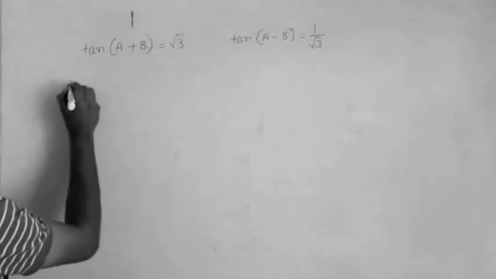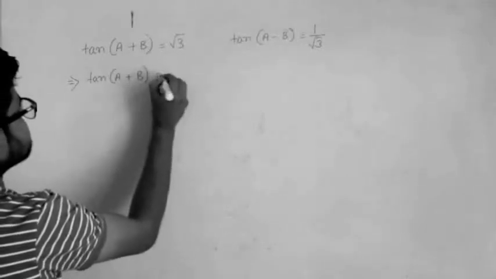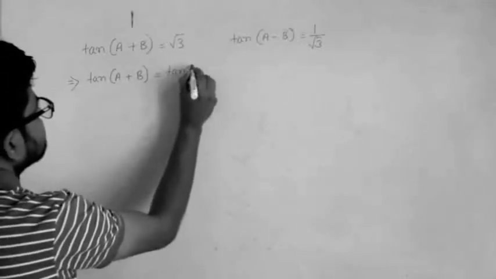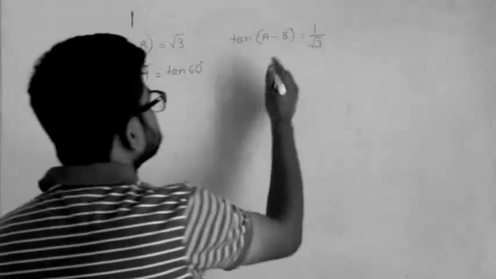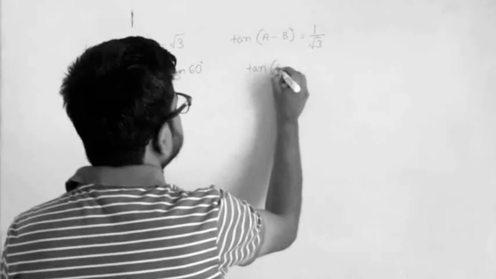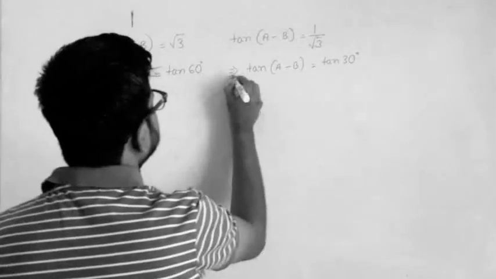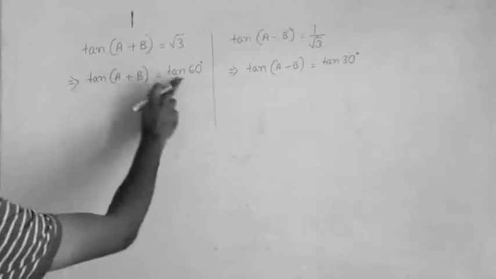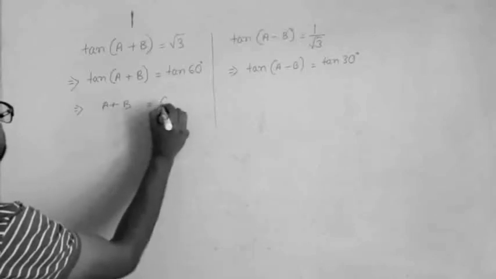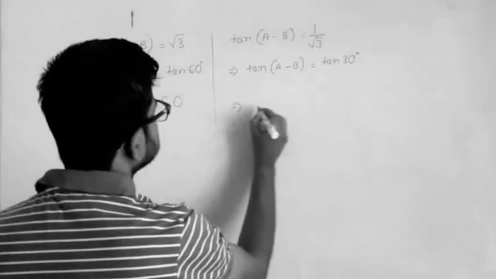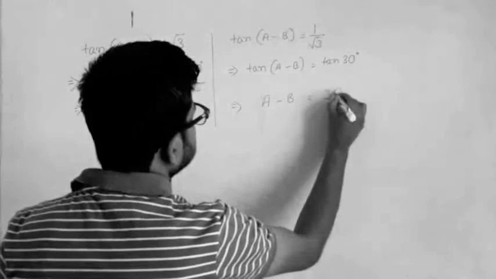I think for tan 60 degree you get root 3, and 1 by root 3 is for tan 30 degree. Now from both sides you cancel out tan, so you will get a plus b equal to 60, and a minus b equal to 30.